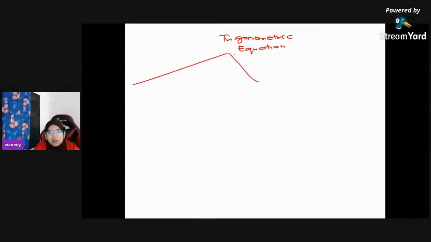Okay, so now you have to solve trigonometric equations, right? We have three types of equation. The first one is linear. The second one is quadratic.